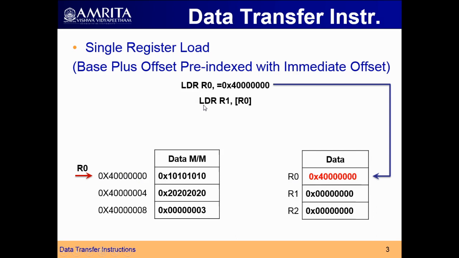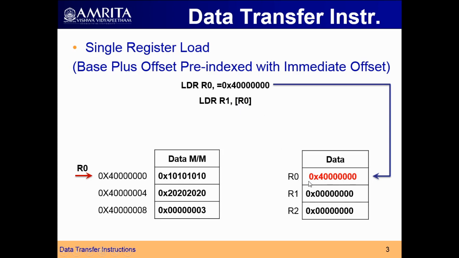Next we will see the next instruction LDR R1 comma bracket R0. So what does this bracket show? Bracket shows that you are going to move the data pointed by R0 to R1. You are going to load the data pointed by R0 to R1. What is the data pointed by R0? R0 is nothing but a register, and what is the content of that register?